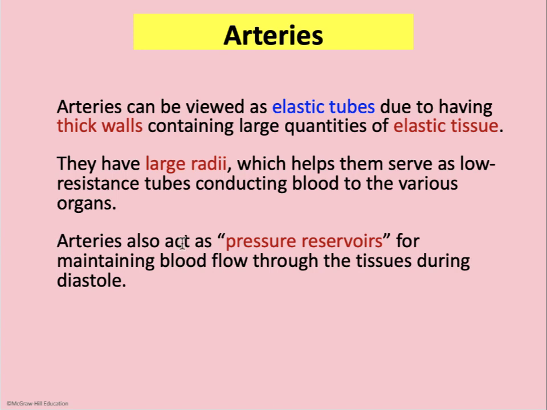Finally, all arteries to a large degree act as pressure reservoirs. That means that they can absorb and stretch during systole and then rebound and push back and continue the flow of blood when diastole takes place.